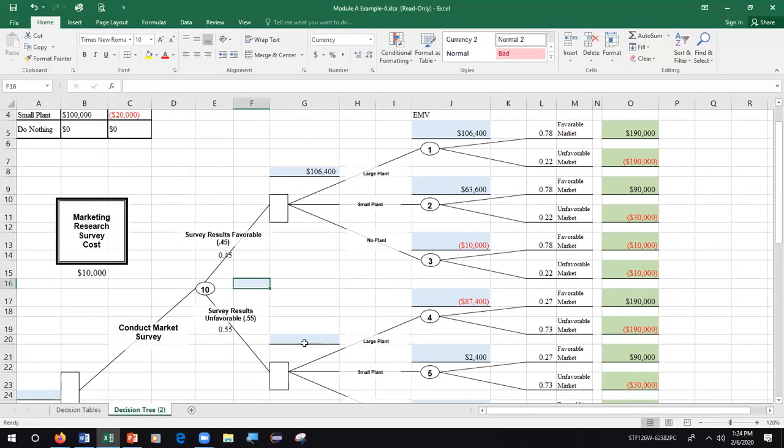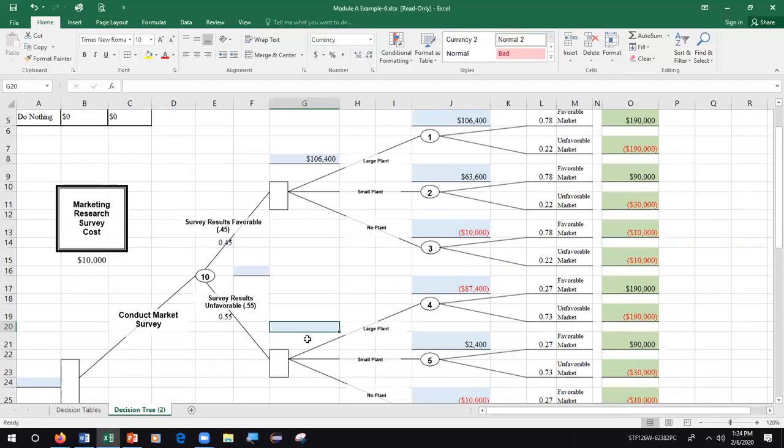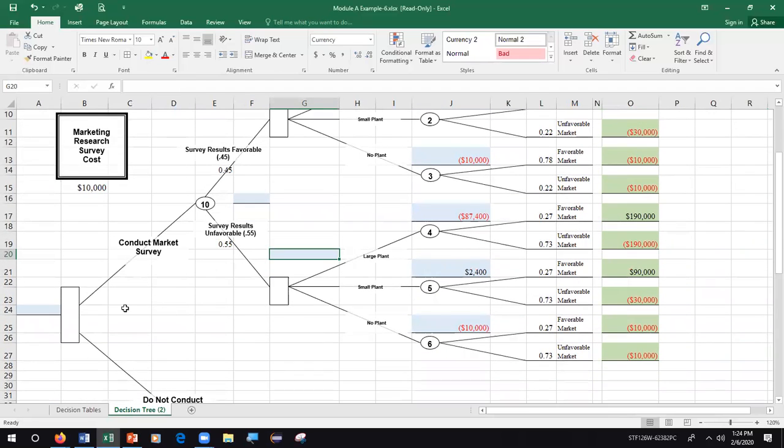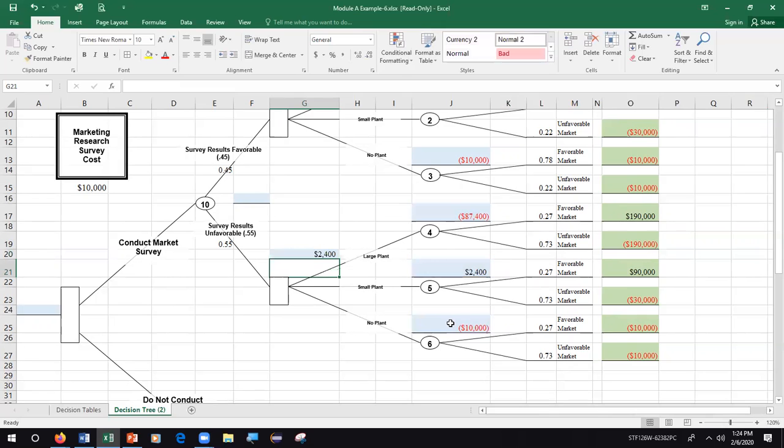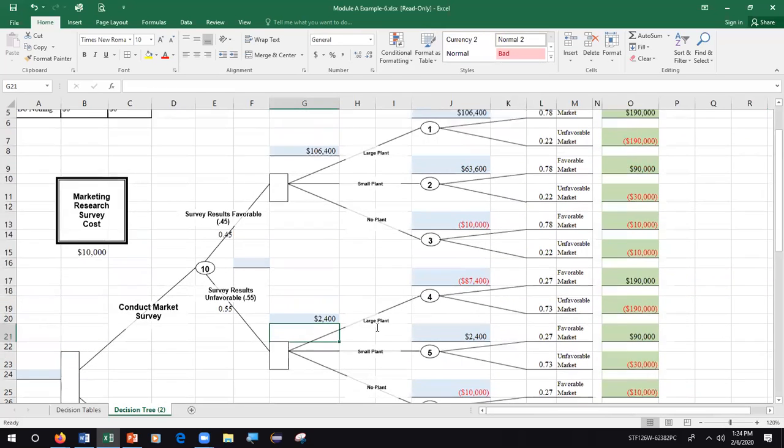Now this decision right here would be the max. We're going to conduct a market survey, but the survey results are unfavorable. We're going to select, that's going to be equal to the max of these three. Can you hold down? So 4, 5, and 6. And that best one is going to be, so what do we decide up here?